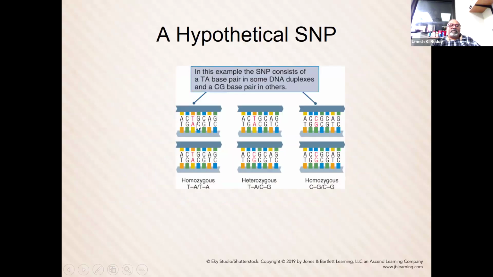It's like this. Say here is one individual, and he has on one chromosome, say mother's chromosome, TA, and on father's chromosome, TA. So we can say this is homozygous. And this is another individual, exactly at the same position. This is John, this is Mary. Mary has CG at this position, whereas John has TA at this position. And they produced a baby. Here is the child.